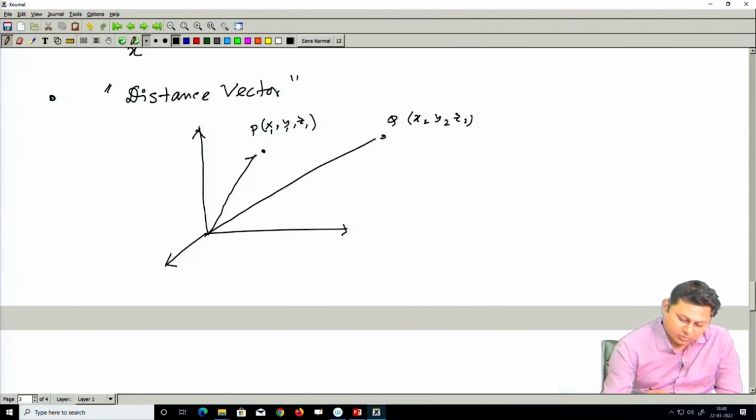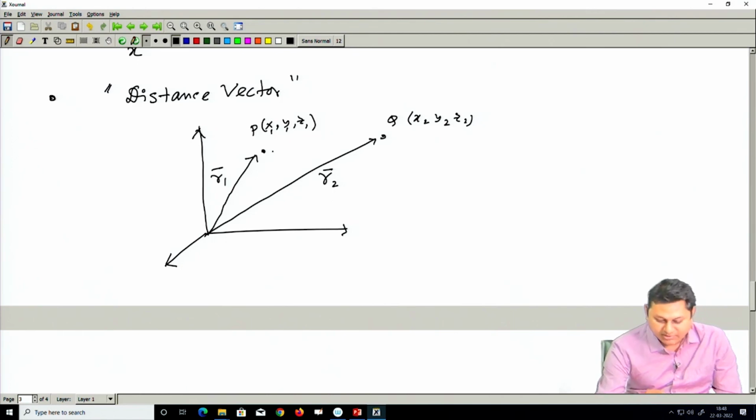First I need to know the position vector, say this is r 1, and the position vector for this point is r 2. So, what is the distance vector from here to here?